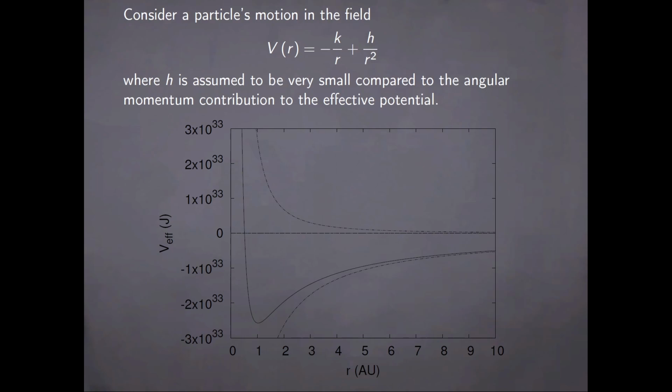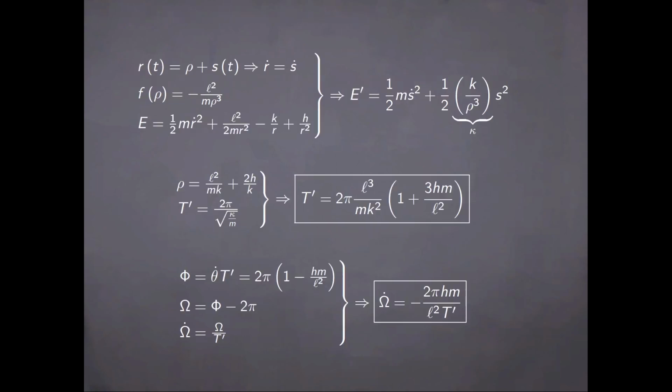It once again just looks like a standard effective potential for what would be Earth's motion in the gravitational field of the sun. But the analysis follows the same steps that we have already seen in the previous examples.